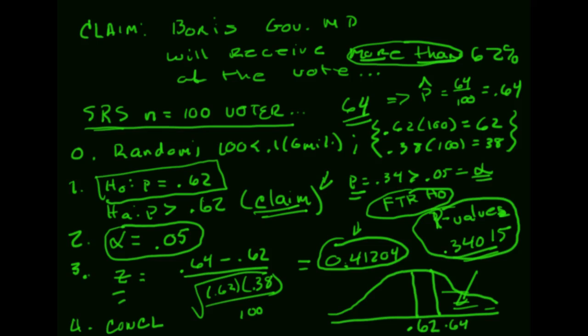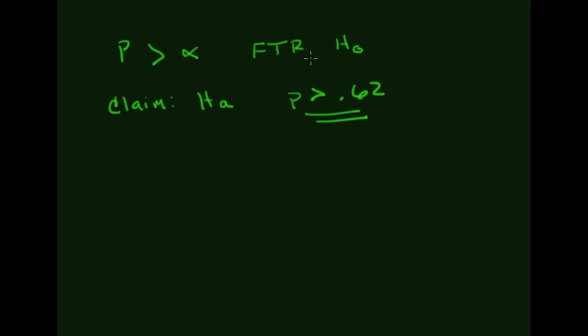So kind of thinking about this, since p is greater than alpha, I fail to reject the null hypothesis. My claim was embedded in the alternate hypothesis that p was more than 62%. But I can't reject the null hypothesis, which stated that p was 62%.